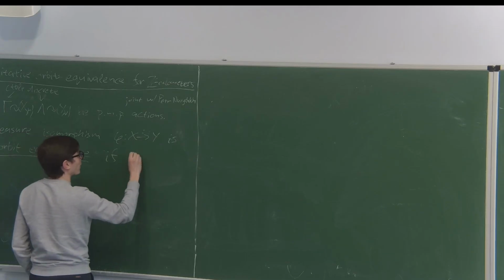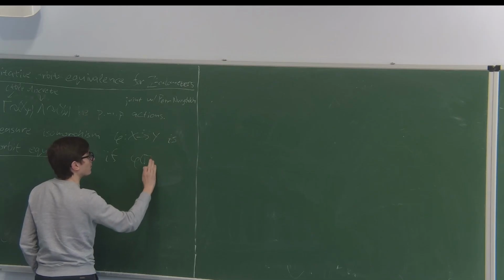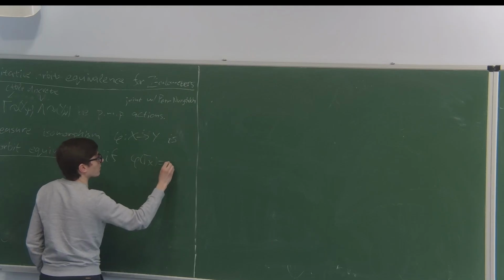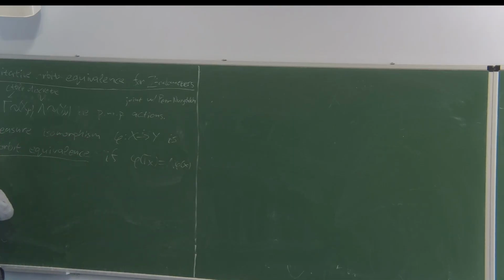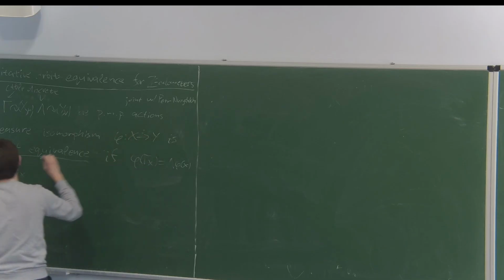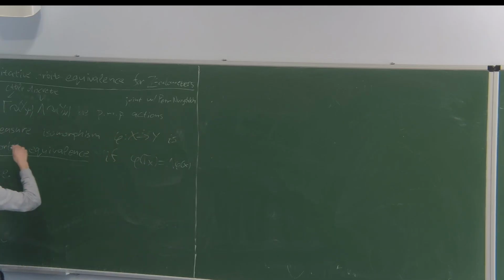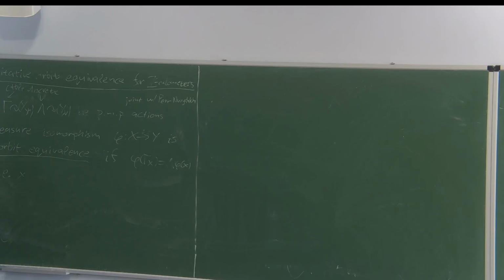So if phi of gamma x equals lambda of phi x for almost every x, and now I want this to be so if I assume that they're free, which I will from now on, so assume, let's call this alpha, let's call this beta.